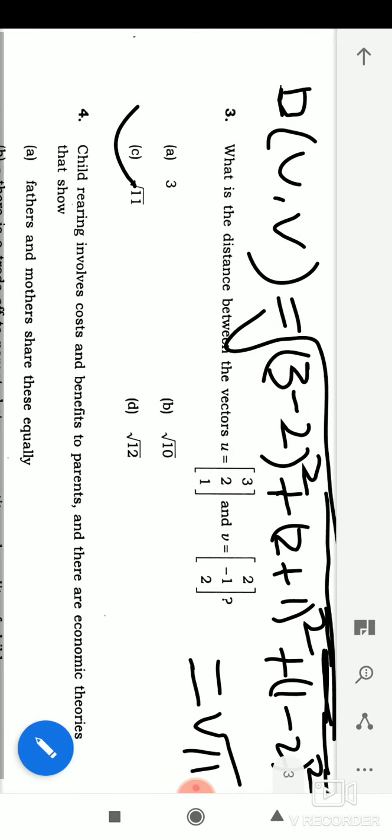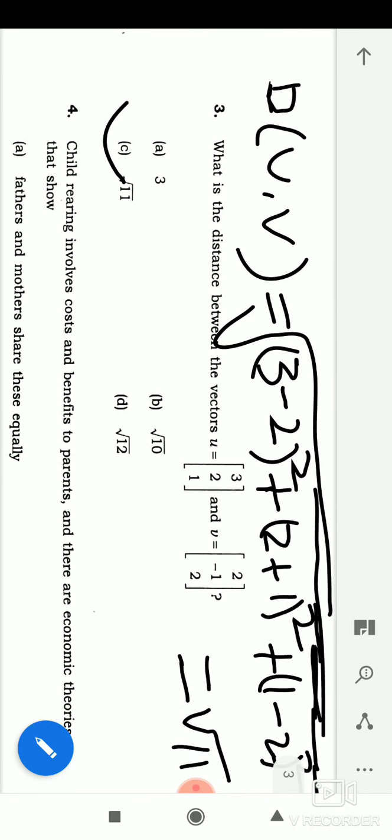Now the next question is: what is the distance between the vectors u and v? Here we can calculate the distance between the two vectors by using the elements of each vector. First, 3 minus 2, the difference between the first elements, and take its square.